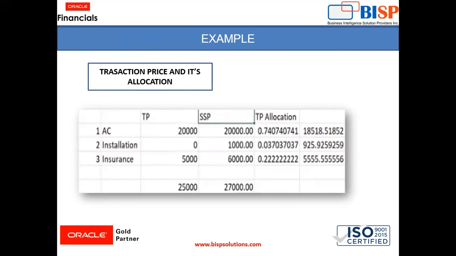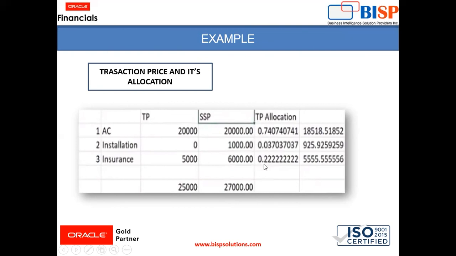So what the revenue recognition module tells us is to allocate the transaction price on the basis of the standalone selling price of each performance obligation. So what we will do here, when you divide 20,000 by 27,000, you will get this percentage. 1,000 divided by 27,000, you will get this percentage, and 6,000 divided by 27,000, you will get this last percentage.